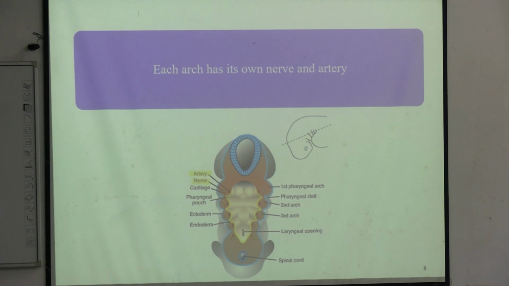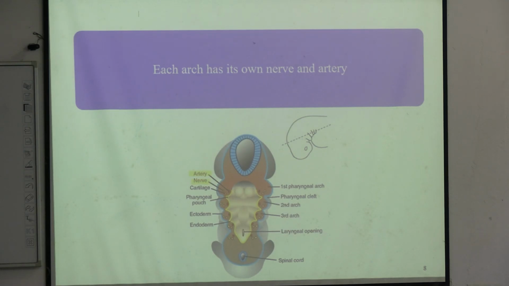No one else. No helping line. So whatever the muscles are coming from this first arch will be supplied by branches of 5th cranial nerve, trigeminal. We call them as mandibular divisions of the trigeminal nerve. We have 3 divisions.